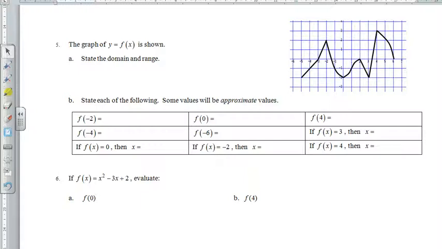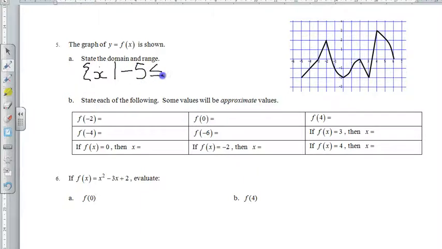So what's the domain? Which we know is x's, so it's a set of all x. What's the low end? How low can you go, x-wise? Negative 5. And how high?